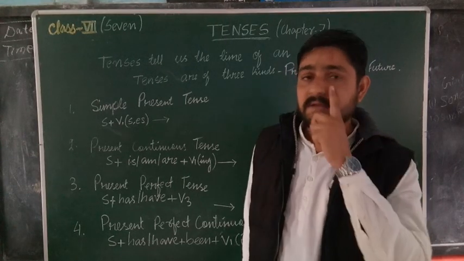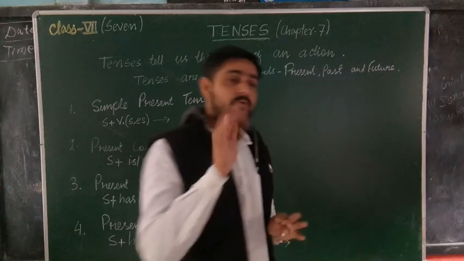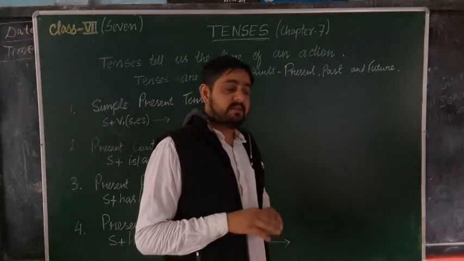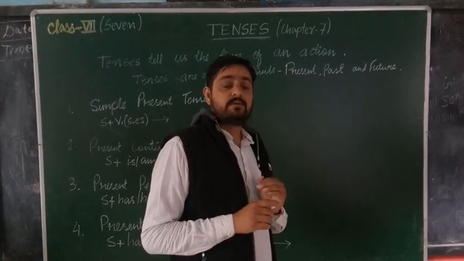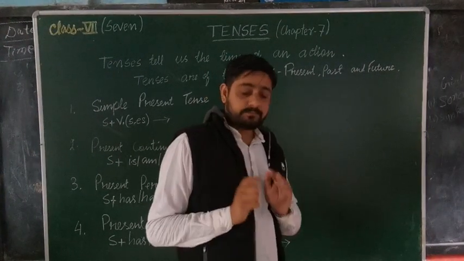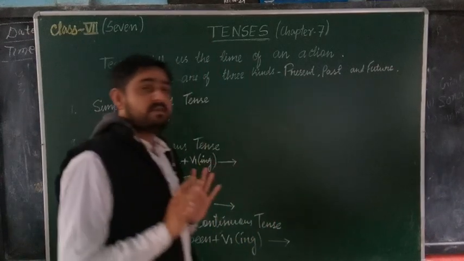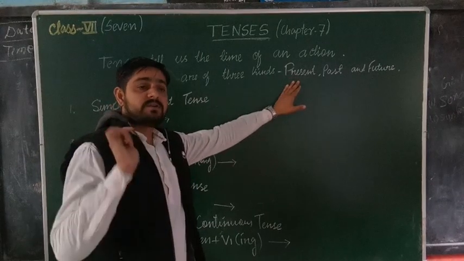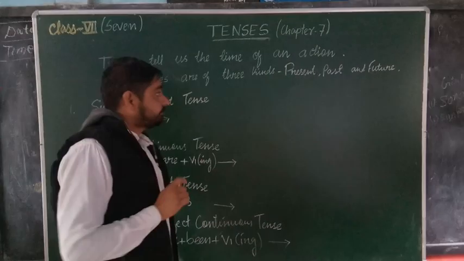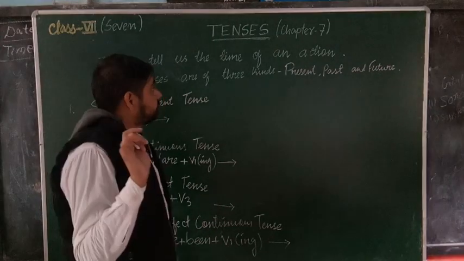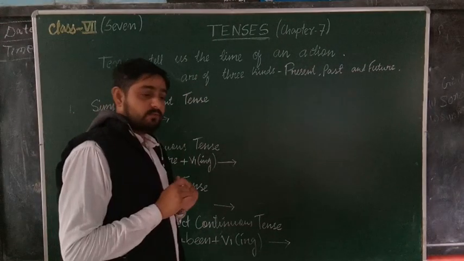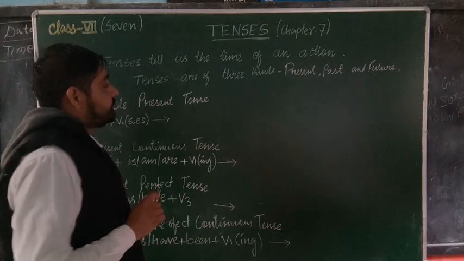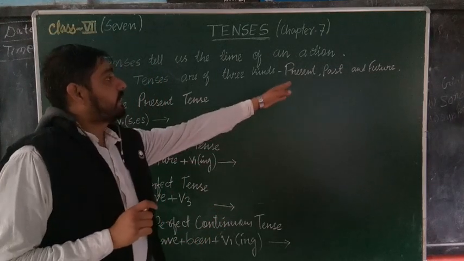But in each tense there are again four sub tenses, which we will discuss in the next class. Today I will discuss only the present tense and its four sub tenses. I told you that tenses talk about the time, and there are three kinds: present, past, and future.